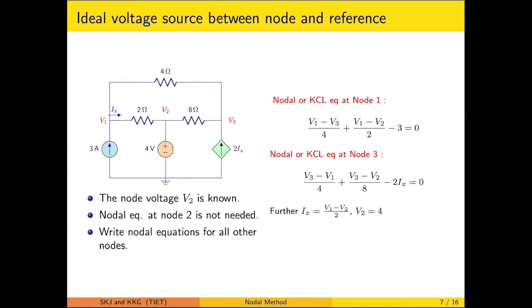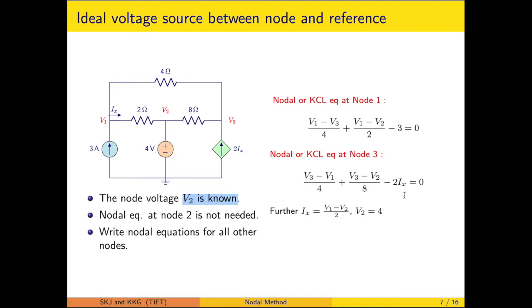As the intention of nodal analysis is to find the unknown node voltages with respect to the reference, when this voltage is already known, there is no need to write the nodal equation for this node, where there is a voltage source directly between the node and the reference. So the point is clear: V2 is known, there is no need to write the equation. We will be dealing with a reduced number of equations.